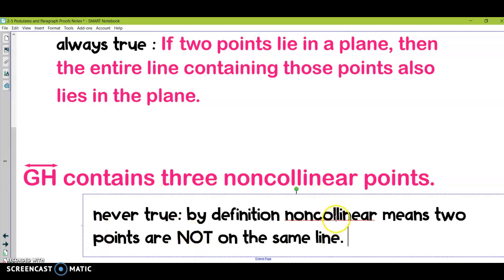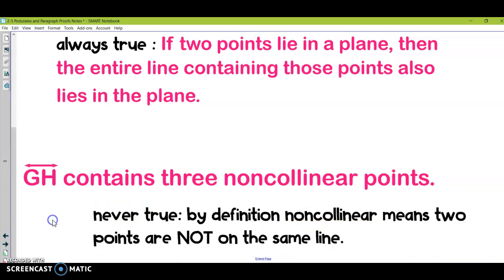Okay, so I'm justifying my reasoning with a definition of what it means to be non-collinear. So I gave you an example of where I used a postulate to justify. Here I used the definition of non-collinear. Remember, when we're talking about deductive reasoning, postulates, theorems, definitions, facts, those are the things that I can use to justify my statements.